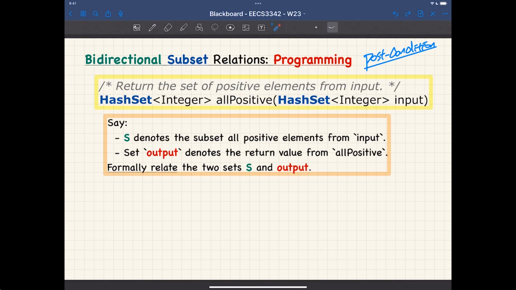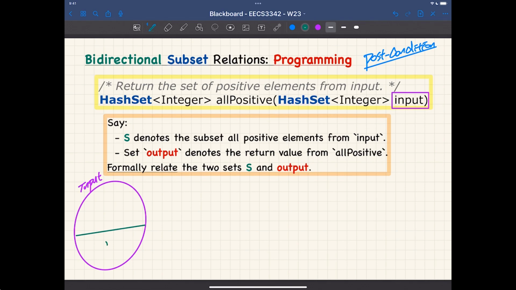So here's a problem. Let's say this is the input. Let me be very careful about the color I'm using. Let's say this set over here is the input set. And let's say we can conceptually partition the input into two partitions.